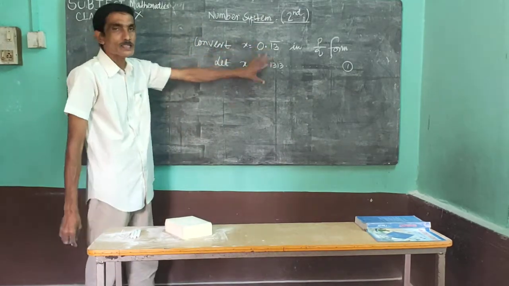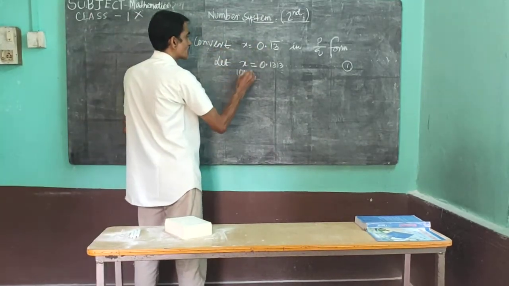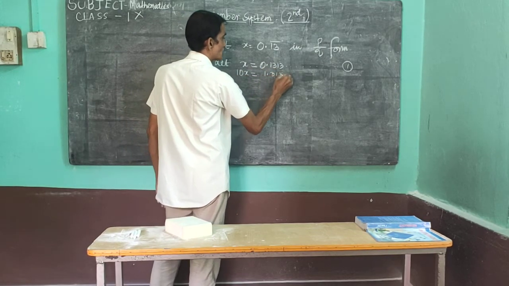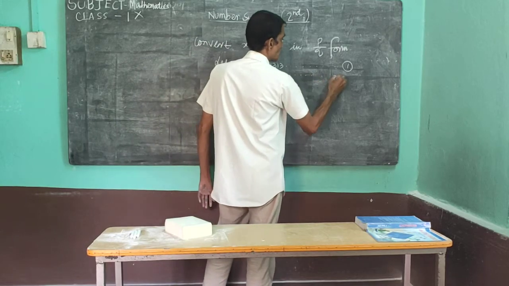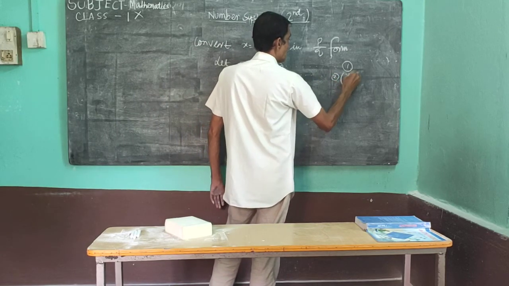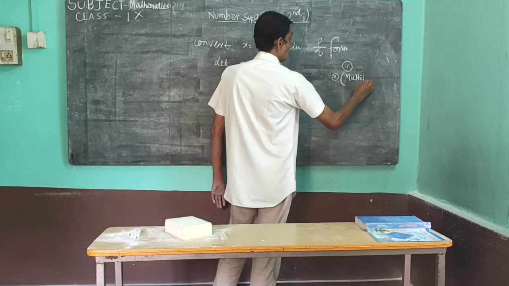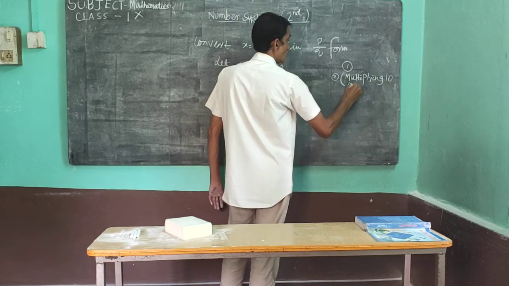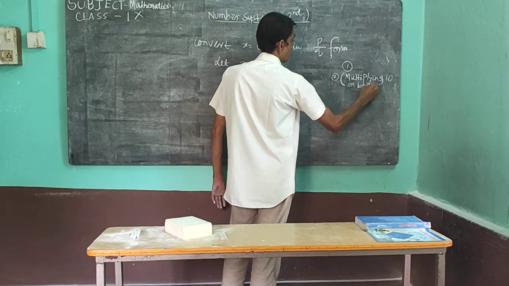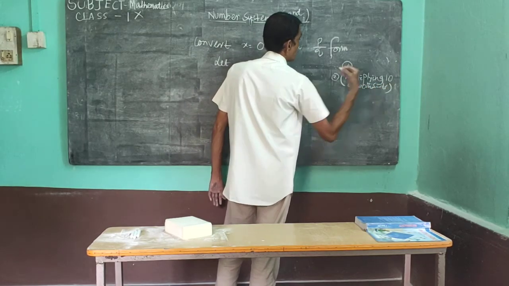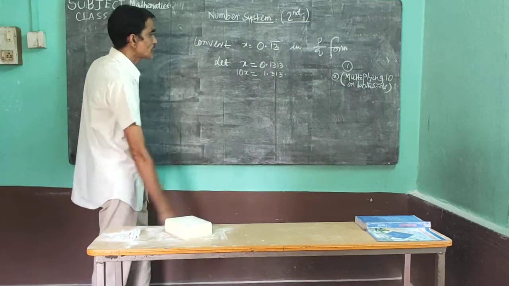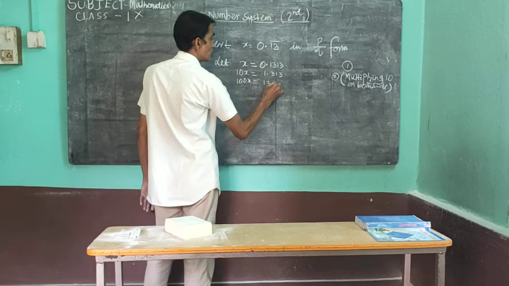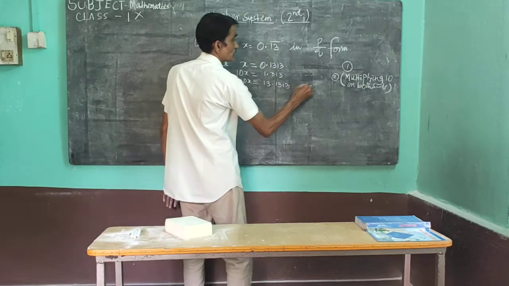Multiplying by 10 on both sides, we get 10x equals, moving the decimal one place, 1.313..., equation 2. Again multiply by 10 on both sides, we get 100x equals 13.1313..., equation 3.